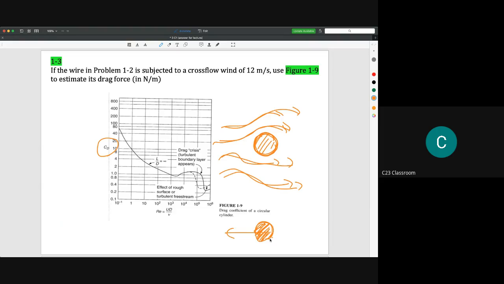But according to the idea of relative velocity, you can change one situation into the other. That's why when we do research about a moving car, we make the model of the car static, but we flow the wind at a certain velocity. That reflects the situation where the car is moving at a certain velocity while the air is actually static.